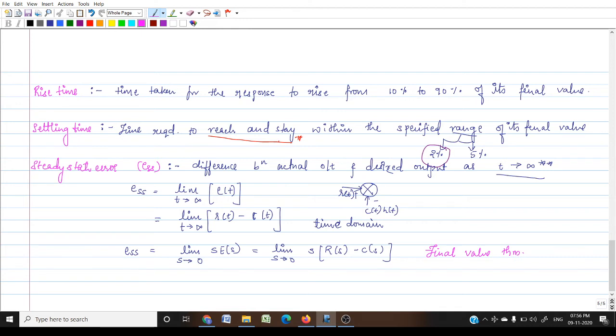Otherwise you need to convert it into time domain to get the steady state error. That can be avoided if we go for this second equation. So this is the definition of different time domain specifications. Now one by one we will derive it within a short time. So the first one is the rise time.